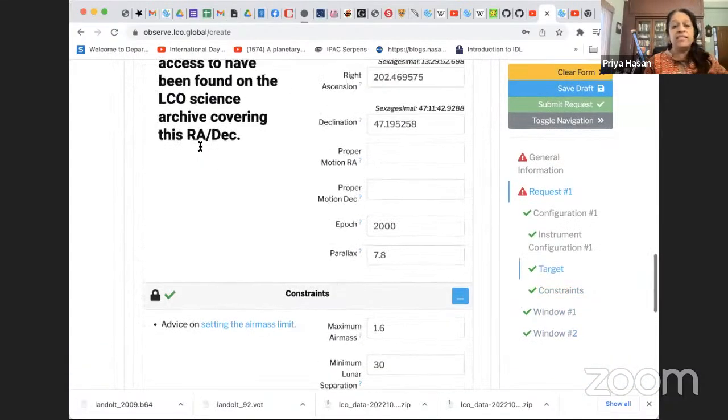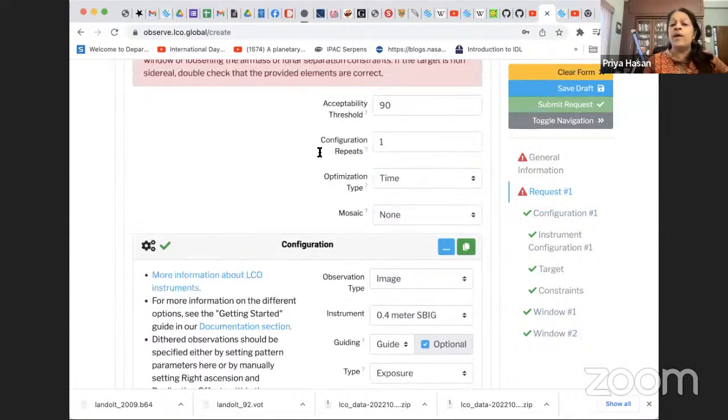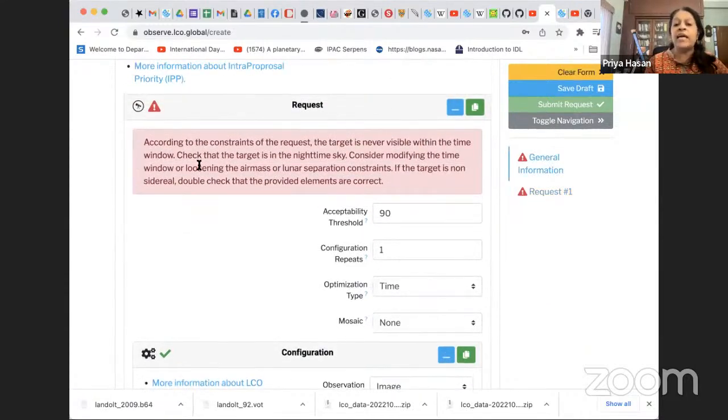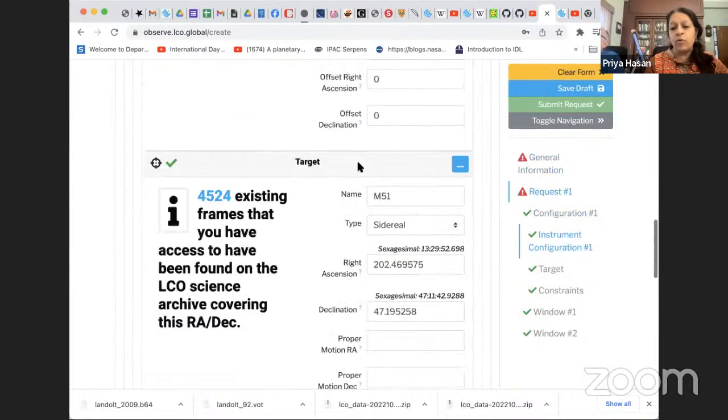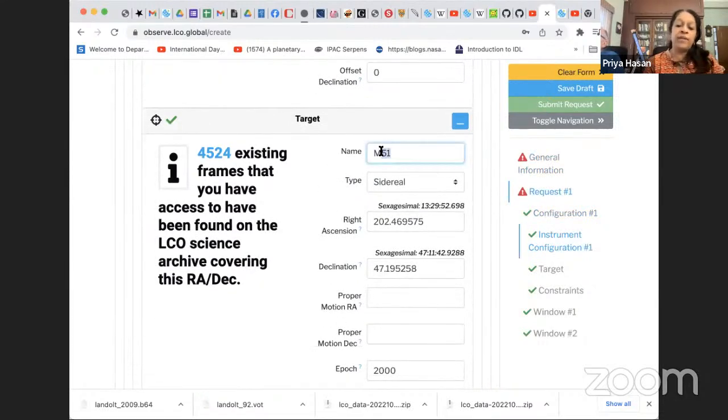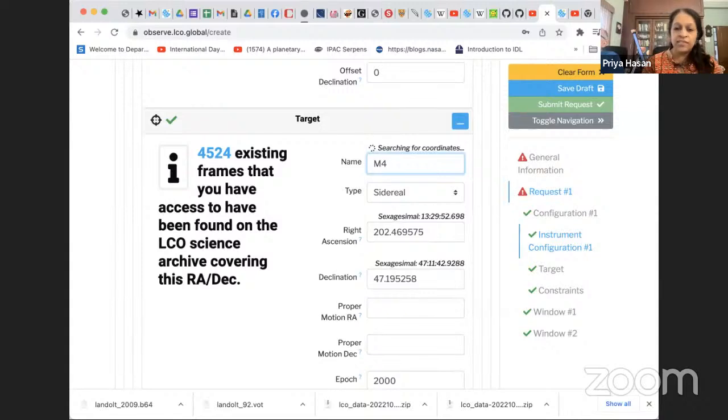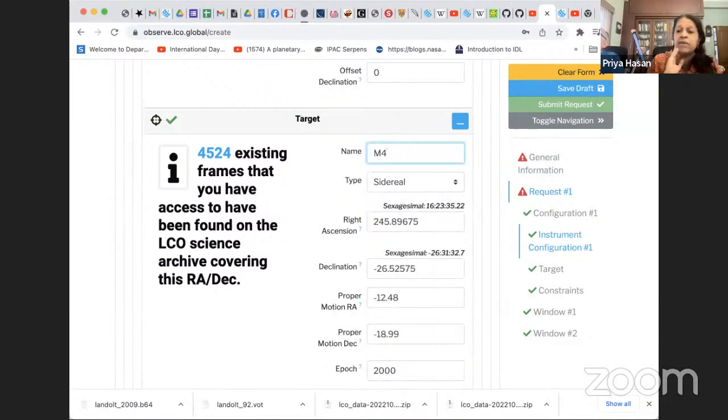And you can see over here it's written, according to constraints of the request, the target is never visible within the time window. Check that the target is in nighttime sky. Consider modifying the target window, so we can change it. So I will change this from M51. Let me make it, for example, M4, right? This is a globular cluster. I'm changing it to M4. So what happens is the robotic system actually tells me the availability of my object, right?